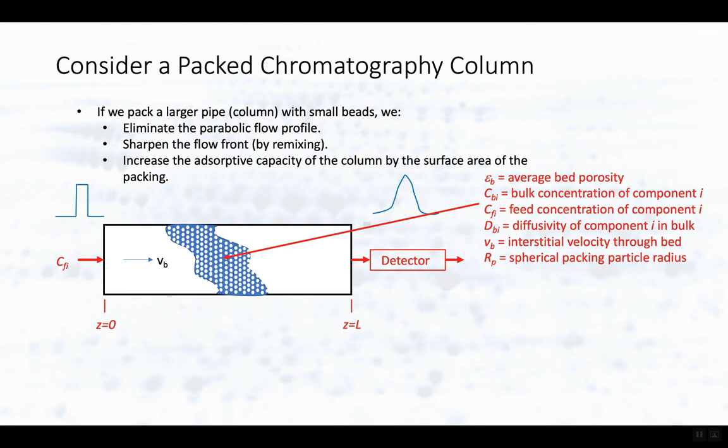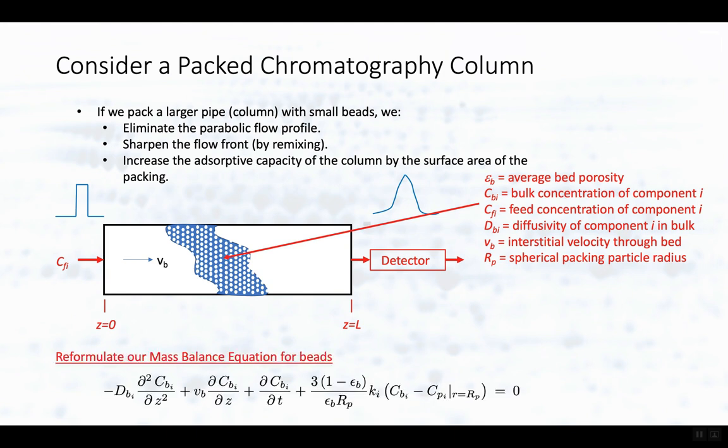But as it moves through the column, the material is diffusing. It's going to the bead surface, coming back off. So you're getting some broadening of that peak as it moves through the column, but you get a peak coming out that is more Gaussian in shape because of all that diffusion and all that mixing that's occurring between the beads. And you can see that you can measure that at your detector.